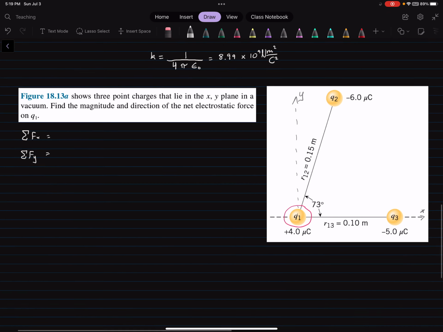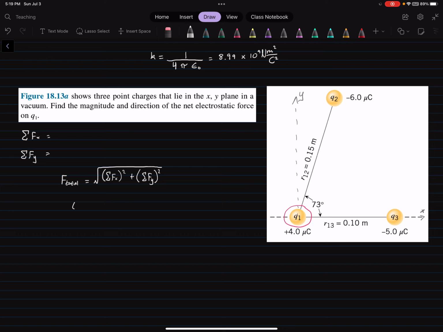In the end, this is just top-level strategy here, to find the total force vector, we're going to find it in the usual way by taking the square root of the sum of the squares. Right?